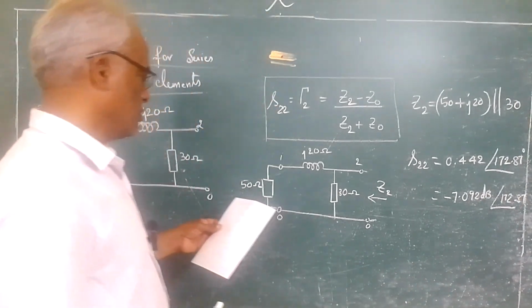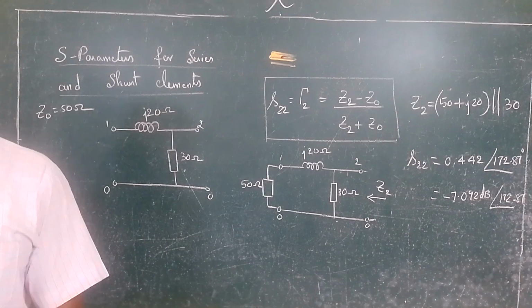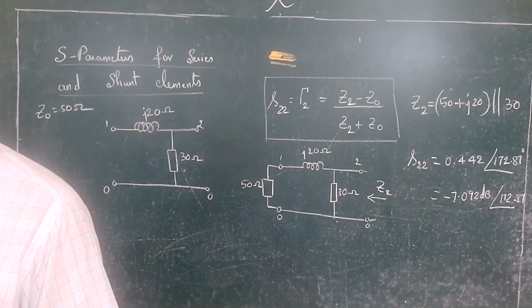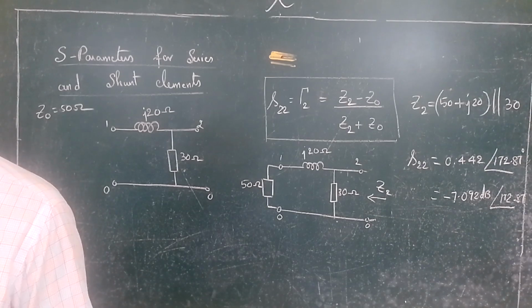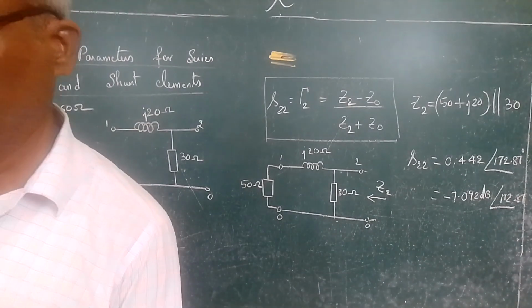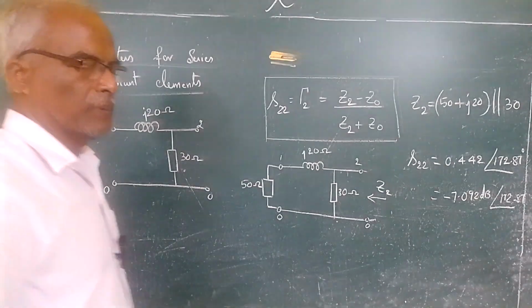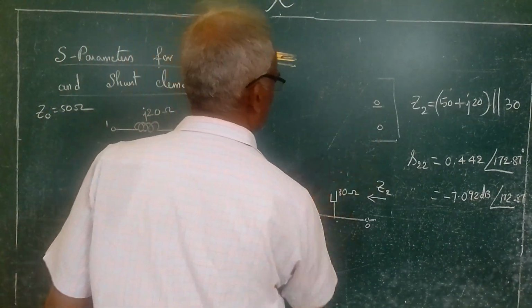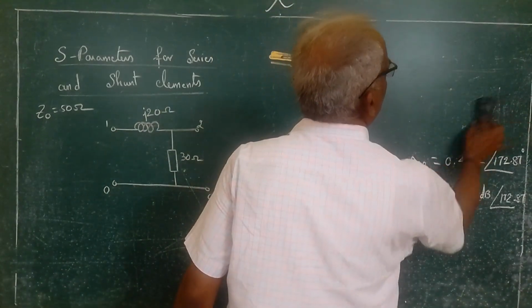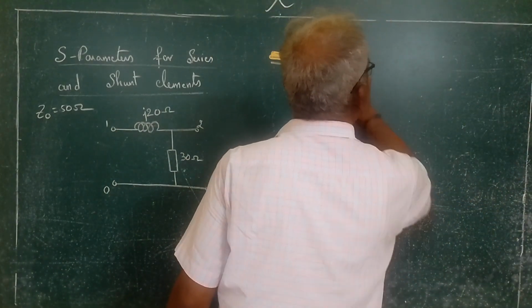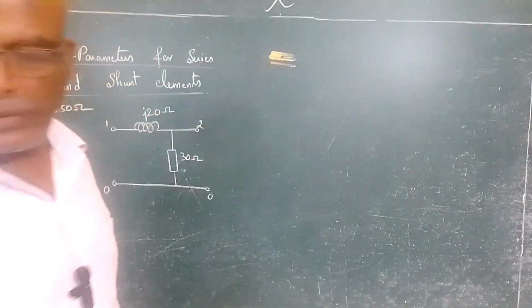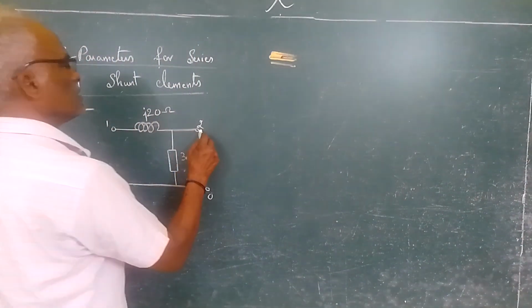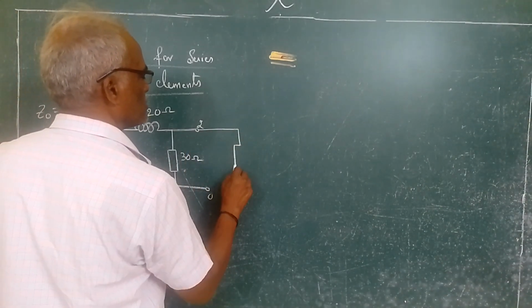The next part is to find S21. For calculating S21, port 2 is terminated with 50 ohms.